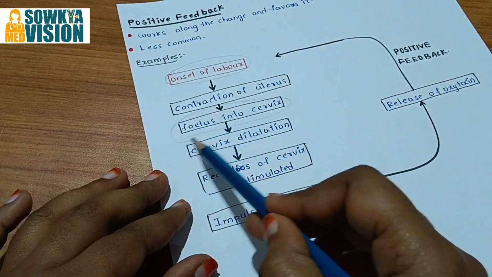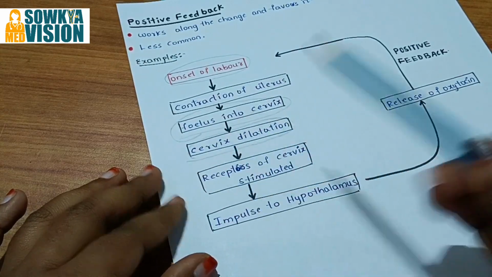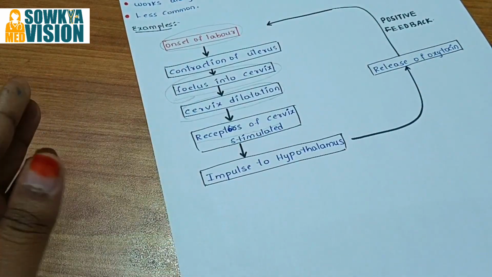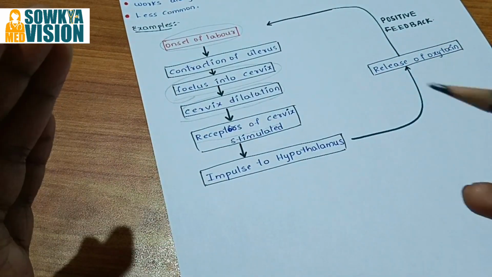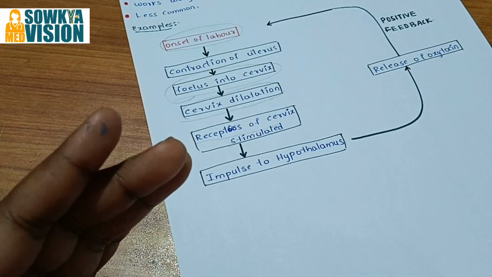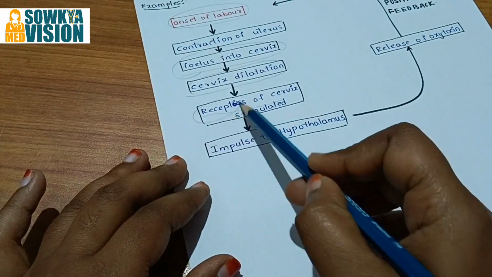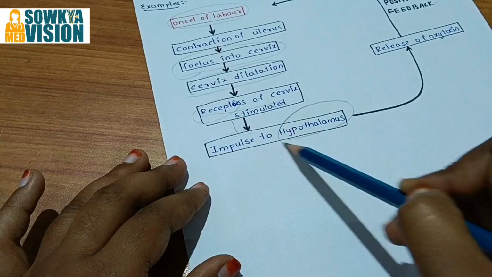The cervix will be dilated, and now the receptors in the cervix are stimulated. This information from the receptors reaches the hypothalamus.